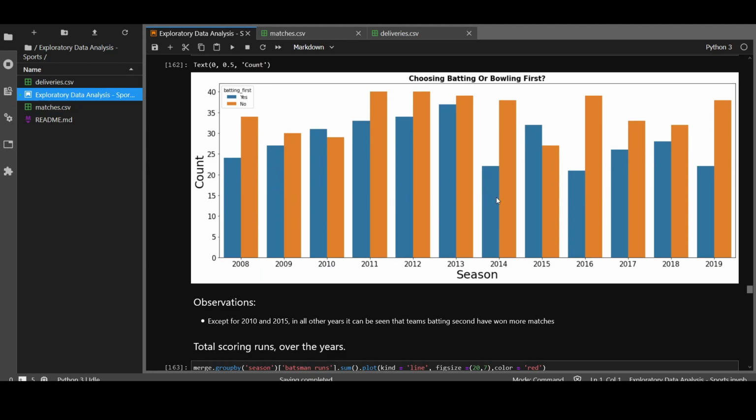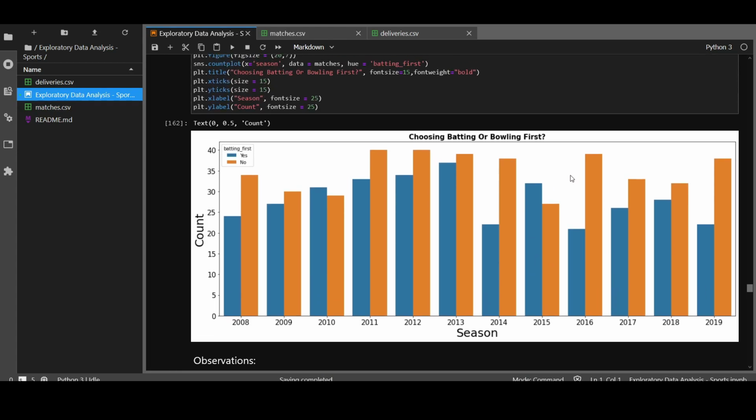As we can see, except 2010 and 2015, in all other years teams batting second have won the matches, because the blue line is greater than orange in those years.